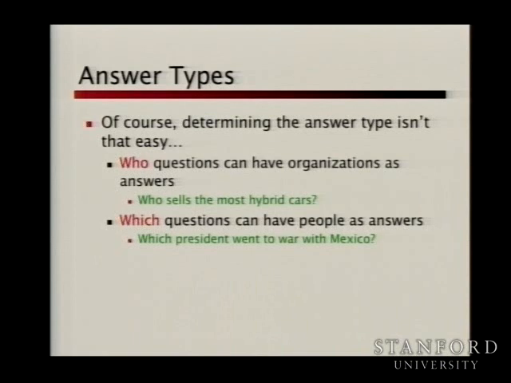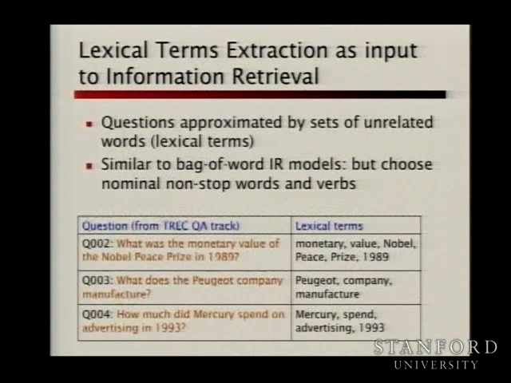So if your question is who sells the most hybrid cars, that's not asking for a person, that's asking for a company name, if you don't think about it too much. But as soon as it's modifying other words, like which president went to war with Mexico, that's now asking for a person name. So there's a fair bit of subtlety in working out the right answer type.